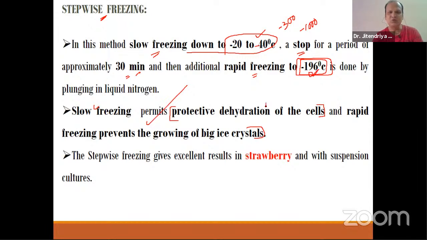Because we want to dehydrate the cells. Why are we going for rapid freezing? There is less possibility of ice formation inside the cells. Okay, and this technique is being utilized successfully in case of strawberry as well as in case of some suspension. So this stepwise approach is generally preferable.